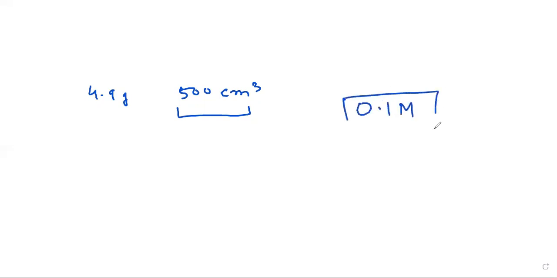To convert it into liter, you have to divide it by 1000, multiplying by 10 to the power minus 3. Ma'am, it will be 0.1 M. Yes, 0.1 M.